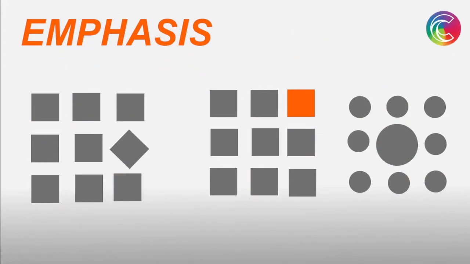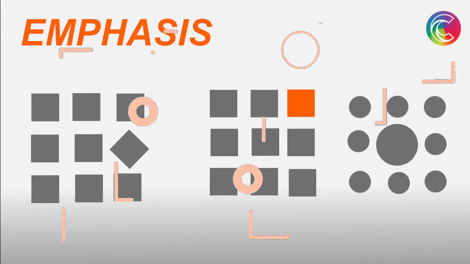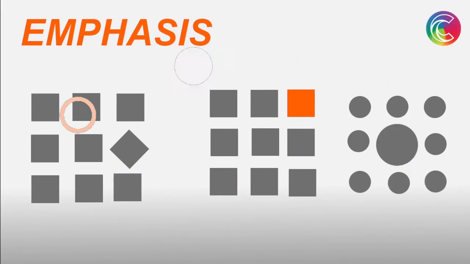In all these images, in the first image you will look at the distorted rhombus. In the second one you go for the orange colored square. In the third one you go for a bigger circle, because that is where your eye moves, because you are providing an emphasis.